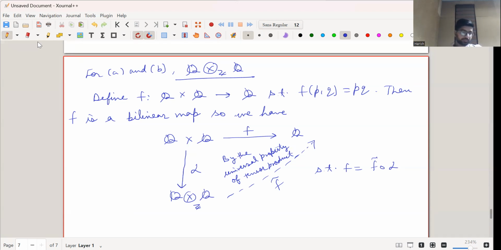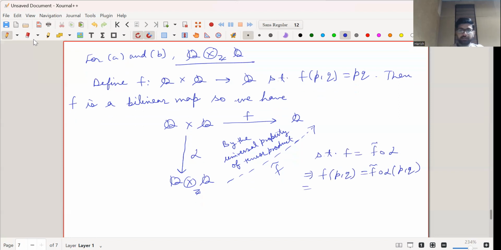So both these maps are from Q cross Q to Q. F will take (p, q) to pq. But what is the alpha map?